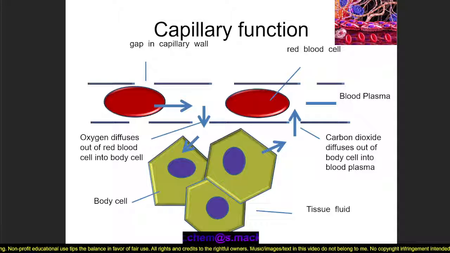This gives us a better idea that oxygen and nutrients must move or diffuse from the blood to the cells of the body, and a waste product such as carbon dioxide leaves the body cells and moves towards the blood present in the capillary. You're not required to take down the diagram from the screen, but if you choose to, you can.